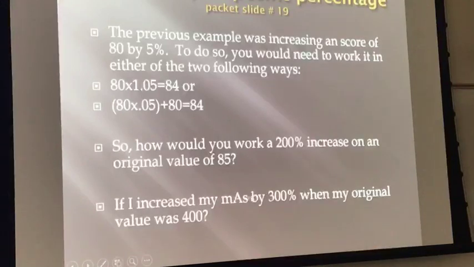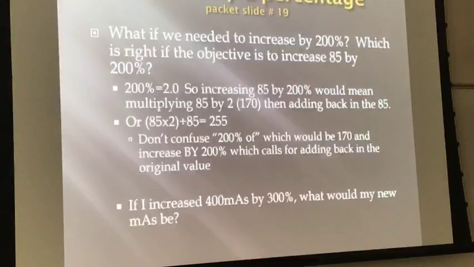So if I increase my mass by 300% when my original value was 400, we got a big one, right? What would my new mass be? 1,600, right? All right, so that just works through everything we just talked about.